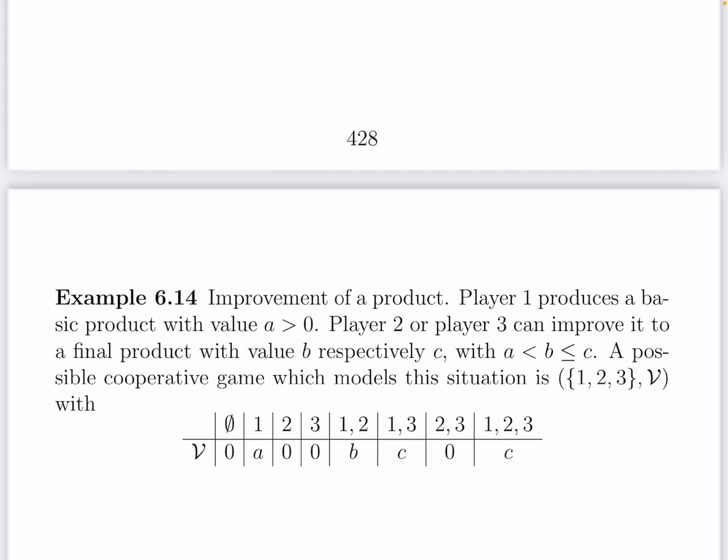Then value B for the coalition 1, 2, value C for the coalition 1, 3, value 0 for the coalition 2, 3, and value C again for the coalition 1, 2, 3. So this is a cooperative game with 3 players, and in a moment I will make some general discussion of cooperative games with 3 players, and afterwards I will come back to this example. That will be Example 6.17.